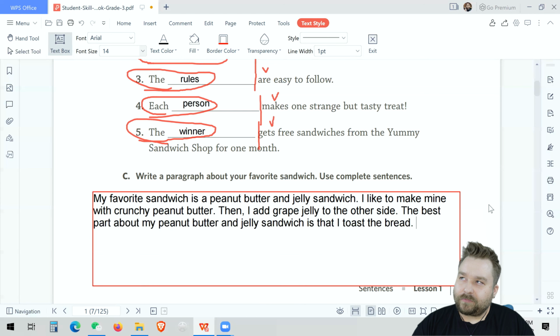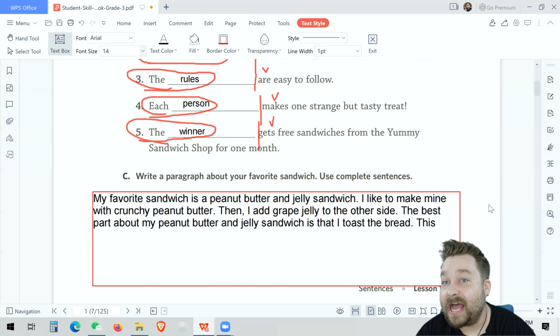So we need a final sentence. How do we end it? How do we just say, I'm done? Well, think about that first question. What is your favorite sandwich? Well, my favorite sandwich is the peanut butter and jelly, right? So this is how I make.